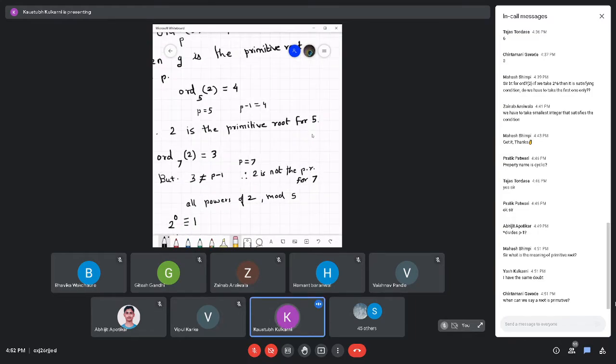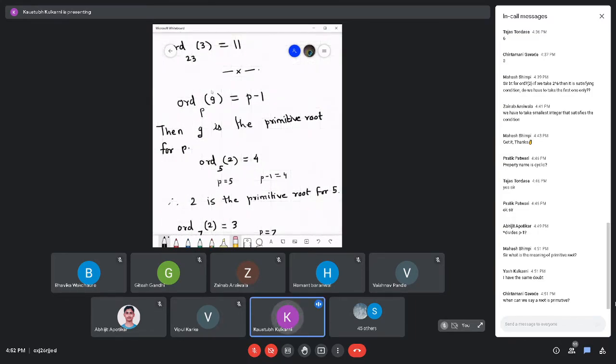In general, that was the definition of the primitive root. That is the next question: what is the meaning of primitive root? Mahesh is asking. Primitive root comes from group theory, and it is used in the Diffie-Hellman algorithm, but I will not go into security algorithms right now.